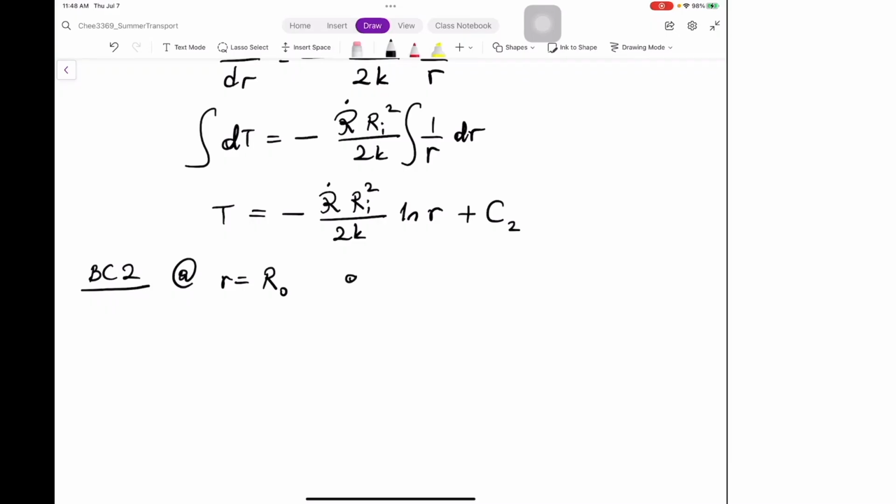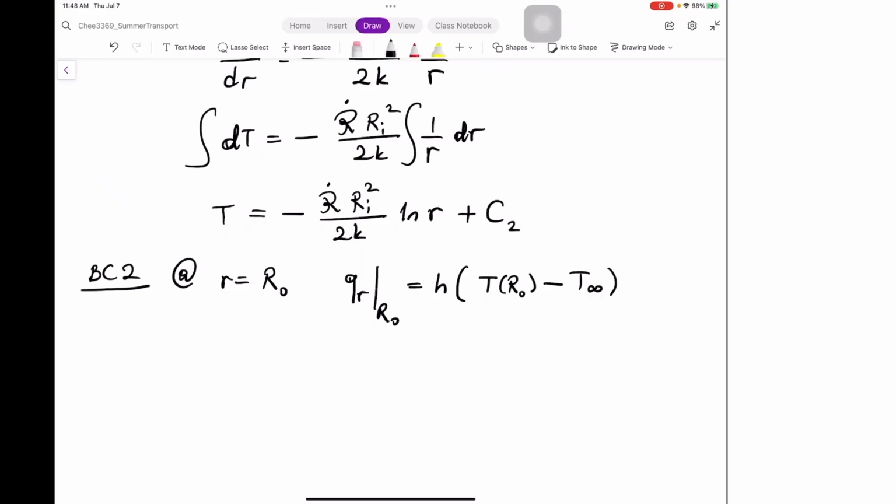The flux, q_r at R_o, is equal to Newton's law of cooling, h times T at R_out minus T infinity, right?